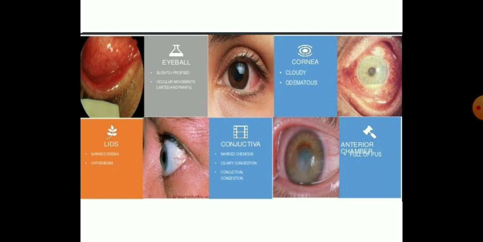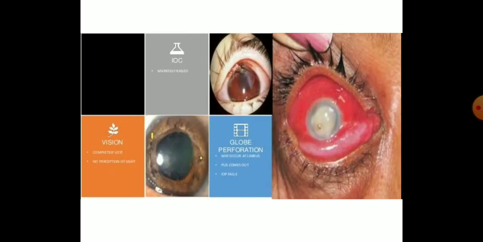So this is what we have told right now. Eyeball: proptosis, ocular movements are limited. Cornea is cloudy, edematous. Lids have edema. What happened to the conjunctiva? There is chemosis, congestion. Anterior chamber: there is hypopyon, full of pus. Vision is lost. IOP is markedly raised.